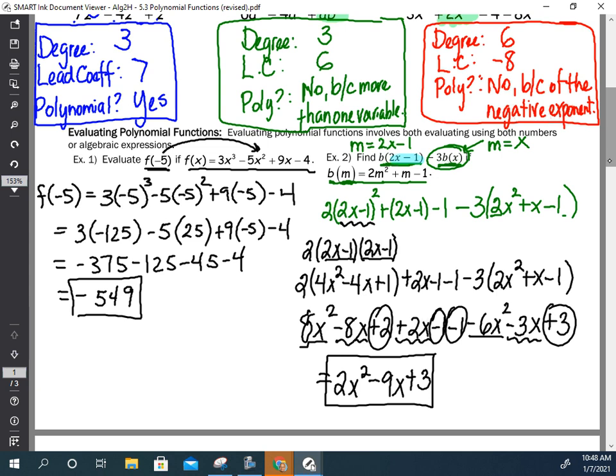That's your simplified answer. So before we go on, any questions on examples 1 or 2?